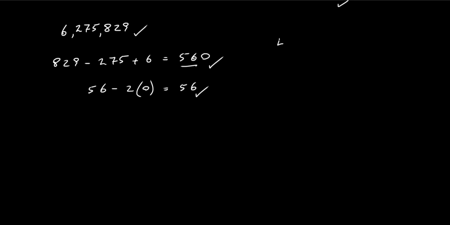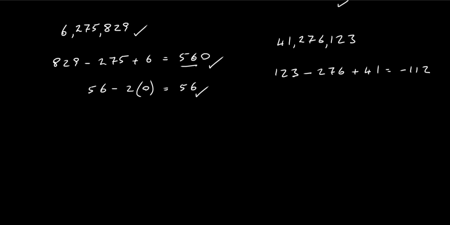We'll go for 41,276,123. Again, we divide it into sections of 3. So here, here, and 41 at the beginning. So do our alternate sums. We're going to take 123, subtract 276, then add 41. When you do that, you get minus 112.